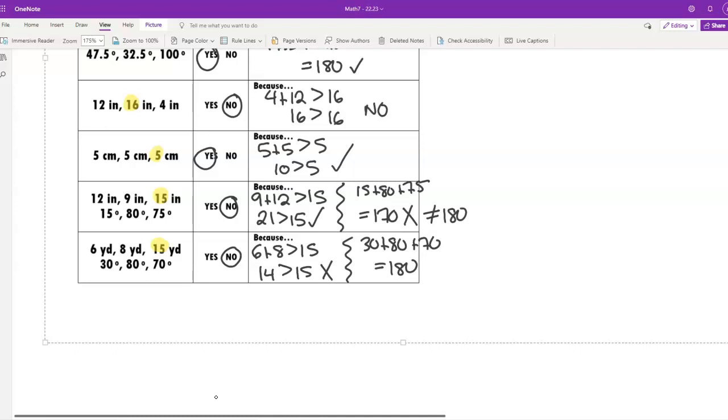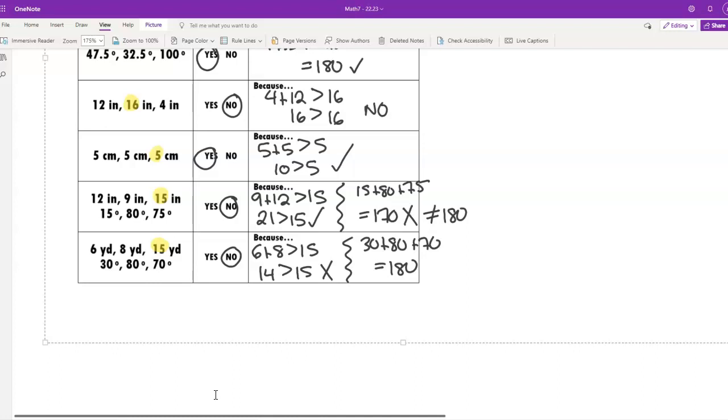But those angle measures don't work. So because both characteristics don't work, we can't make a triangle that fits those characteristics. Okay? And the same thing is true here. I could have stopped with just the side lengths and said, well, the side lengths don't work. I could have stopped right there, but I would also just check my angles. The angles worked, but the side lengths did not. So it's not a triangle.